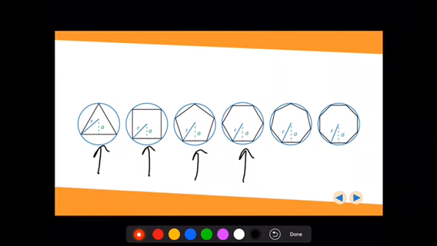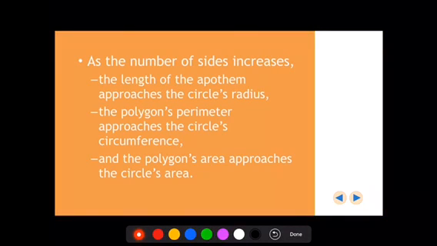So it shows us a little illustration when it comes to changing that formula for the area of a polygon, the 1/2 AP. We're going to change that, and it's actually going to develop into the area of a circle. A couple things here you want to get down. As the number of sides increases, the length of the apothem approaches the length of the circle's radius.